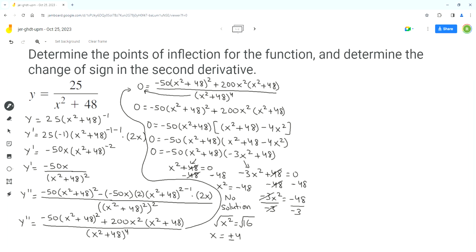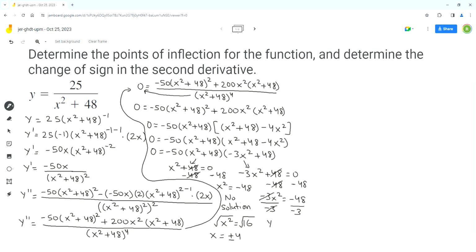Now to find the inflection points, we'll have to substitute these x values one by one into the given function to find the corresponding y values. Let's start with x equals negative 4.